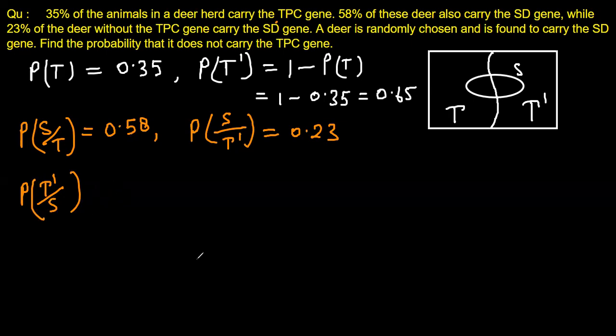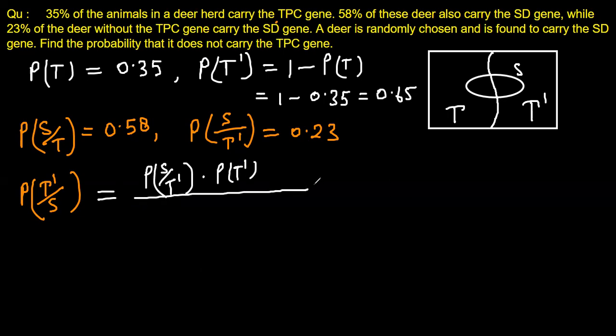Now we will use Bayes theorem, and Bayes theorem says P of T dash over S. It's very easy to write it. We just make it upside down: P of S over T dash, multiplied by P(T dash). We have learned the proof of this, but here we do not need the proof. We are simply applying it. In the denominator we write the sum of these two.